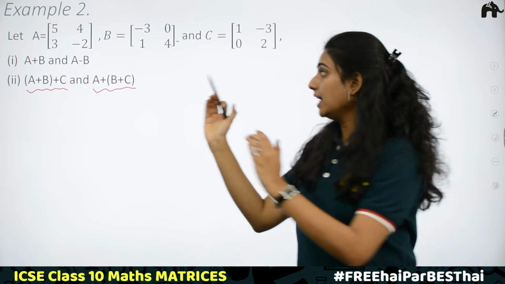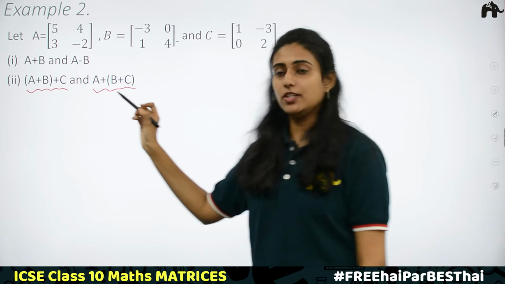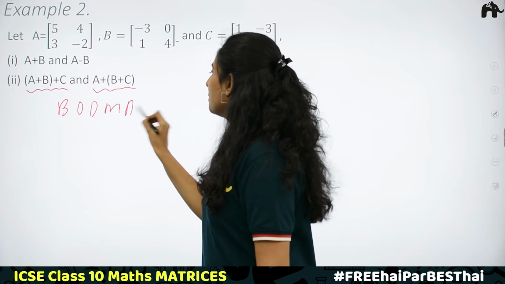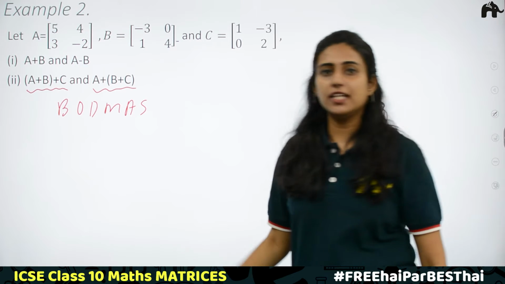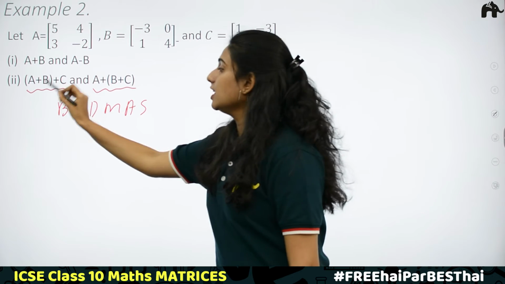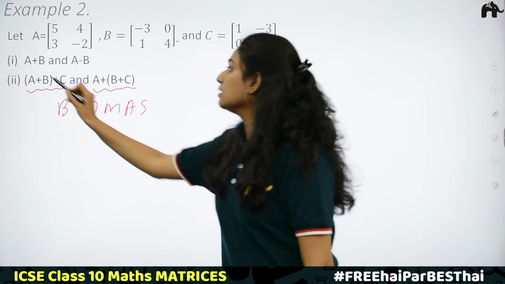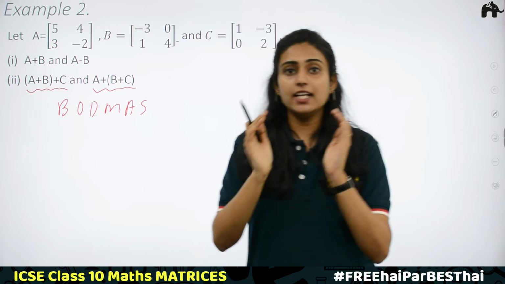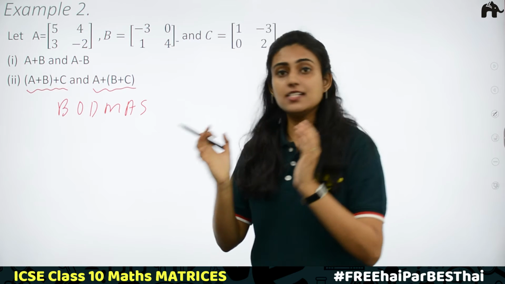Inside the bracket, we are going to solve first. We know the BODMAS rule. BODMAS: Bracket, Of, Division, Multiplication, Addition, Subtraction. So, addition is done later and the brackets are solved first. Inside the brackets, the content inside the bracket is done first.